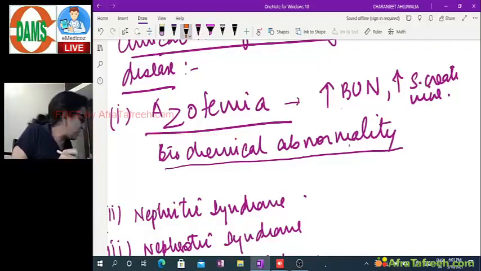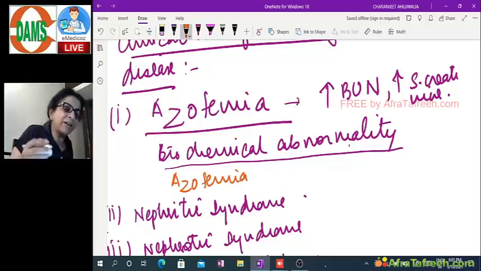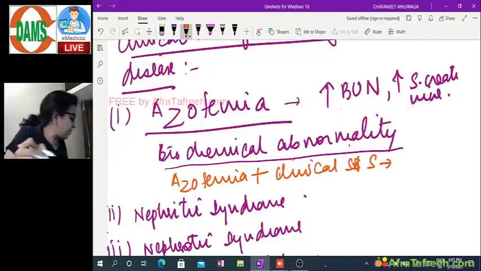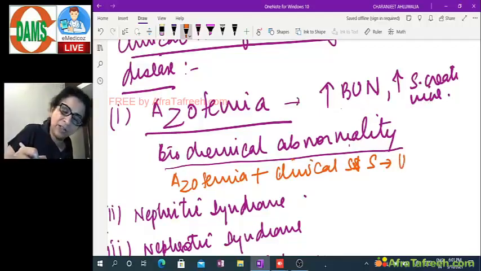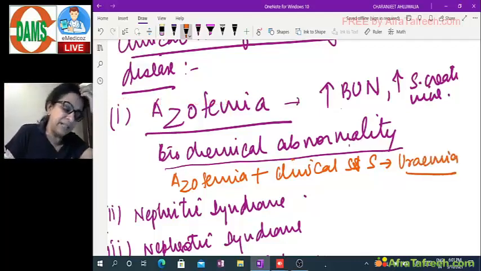But if along with azotemia you get clinical signs and symptoms also, that is called uremia. If you have clinical signs and symptoms like involvement of the GI tract and other organs, that is uremia. So uremia is azotemia plus clinical signs and symptoms.